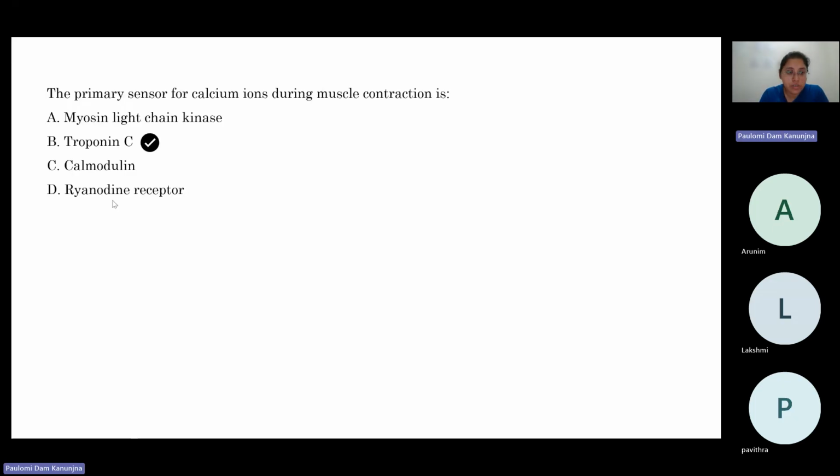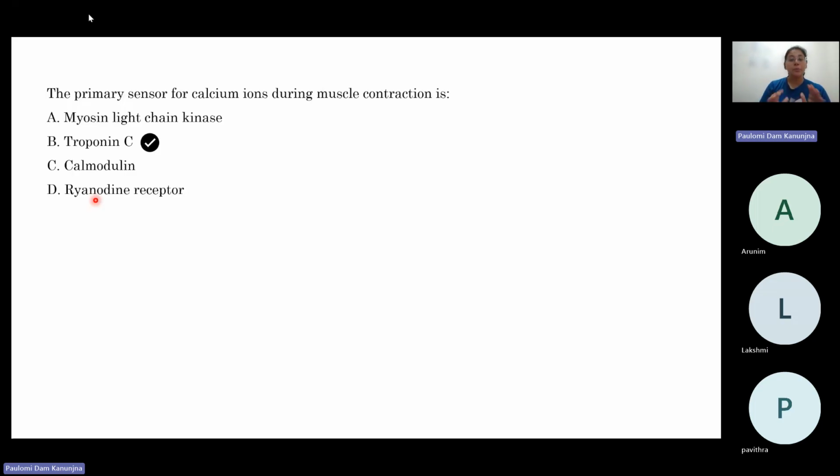Wait, hold on. Is there a slide related to this? Not exactly. Okay, fine. No worries. So, not calmodulin, but troponin C. And yeah, I'll come to it. I will first explain why troponin C, and then I will explain what calmodulin is doing.